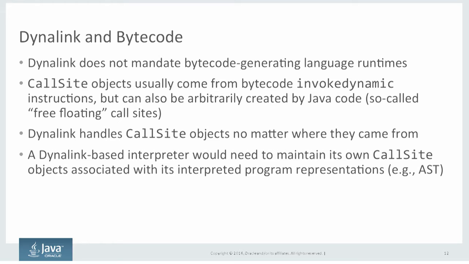An interpreter built on Dynalink only needs call sites with operation encodings, and then appropriate linkers and decoders for these operations. So it could be equally possible to use Dynalink, and the call sites it will return from a linking operation, in an AST interpreter or whatnot.